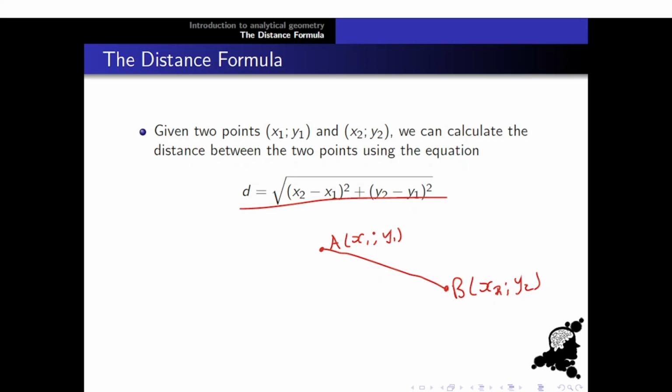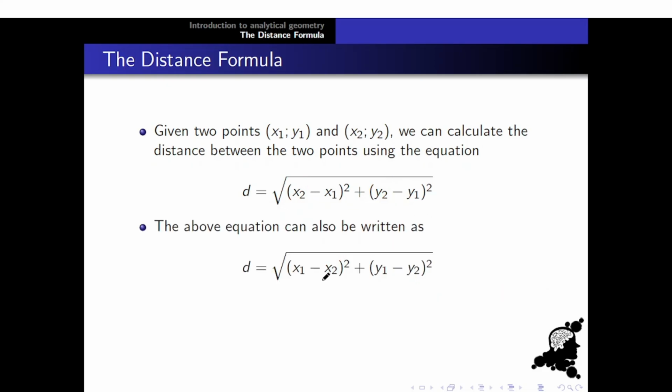Now notice that it's not compulsory for you to start with x2 and y2. You could rewrite the distance formula in the second approach where you start with x1 and y1. The only rule, however, is if you start with x1, then you must start with y1. If you start with x2, you must start with y2. A scenario like this does not make sense, where you've got x1 minus x2 squared plus y2 minus y1 squared.